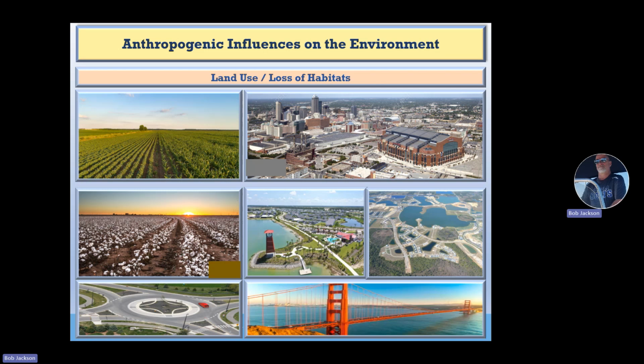A good portion of the central part of Illinois, all the farmland, hundreds of years ago there was more forest, and we cleared the forest for farming. But it's the same thing in Indiana.